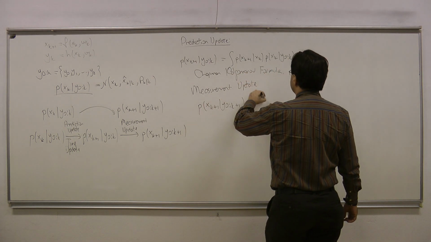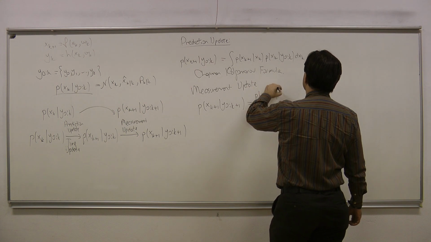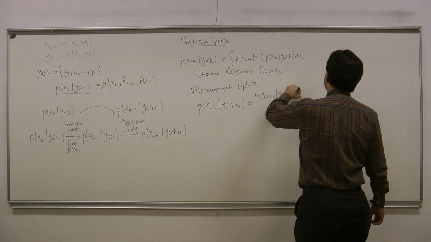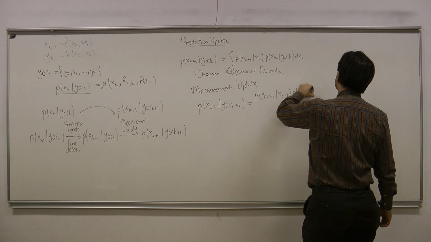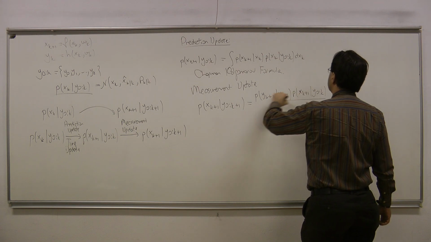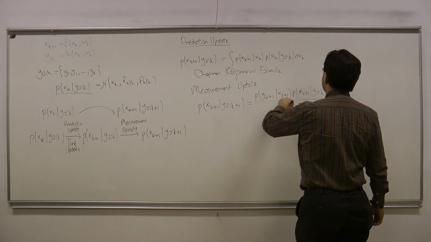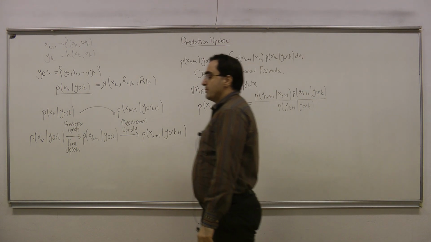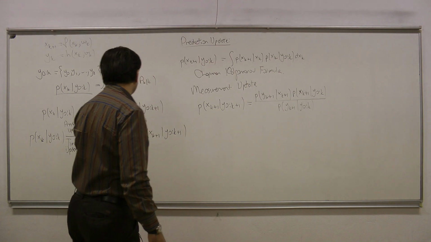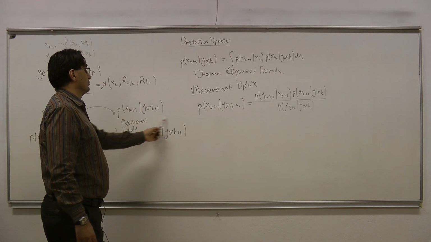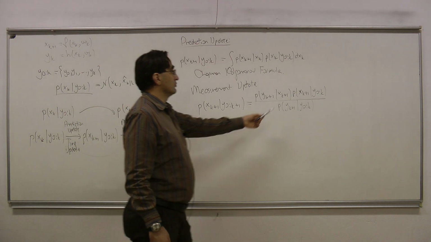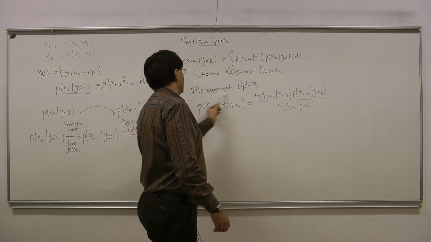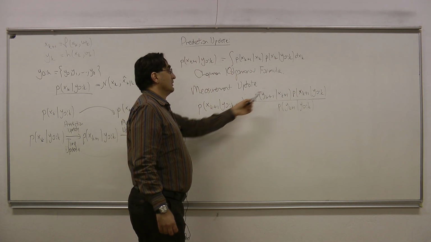It is given as follows: p(y_{k+1} | x_{k+1}) p(x_{k+1} | y_{0:k}) divided by p(y_{k+1} | y_{0:k}). This is the measurement update formula, and it relates this predicted distribution with the updated distribution. This is the predicted distribution, and the updated distribution is given like this.